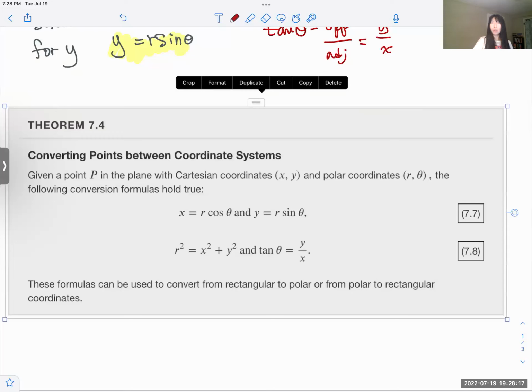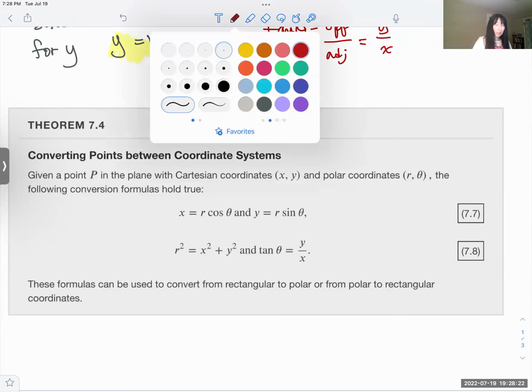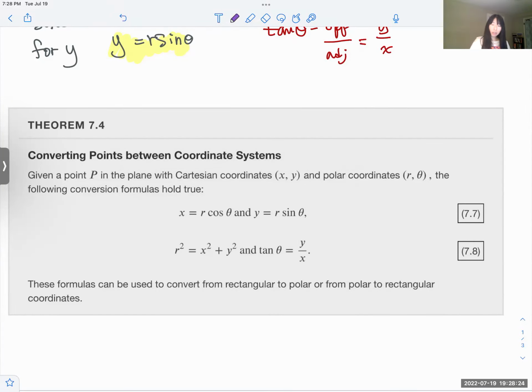But in polar coordinates, which are r, theta, we call the first one the radial coordinate, like radius, right? And the second coordinate is the angular coordinate, which is the angle theta. Those are the names.